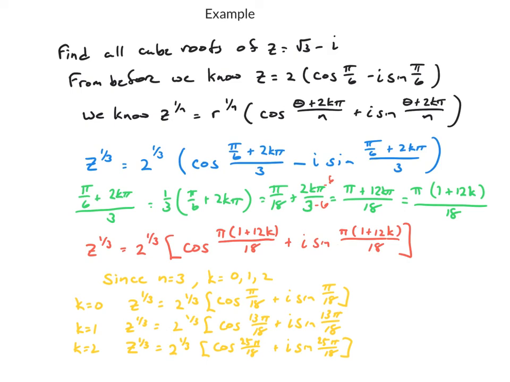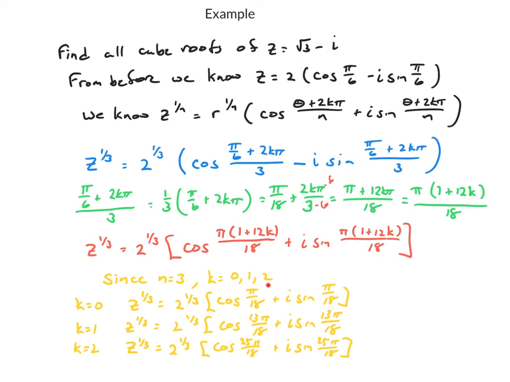So now we want to generate every solution. And here's something that's really cool. No matter what n is, in this case we have n equals 3, k is going to have 3 values, and it always starts at 0. So k is going to be 0, 1, and then the third one will be 2.